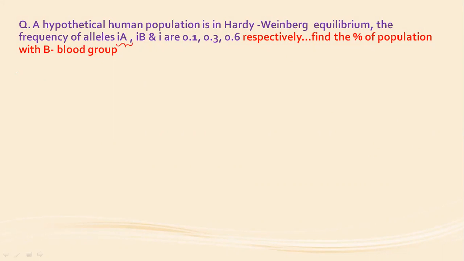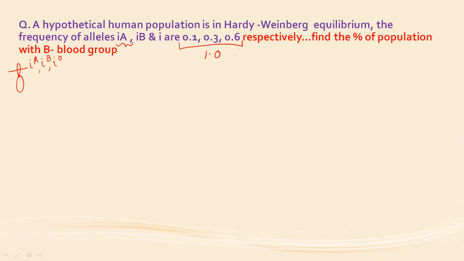As we all know, chromosome number 9 is associated with IA, IB and IO for creating blood groups. So it is the ABO system, and their frequencies have been given as 0.1, 0.3 and 0.6. If you add all of this, you will get 1 together. Find the percentage of the population with B blood group.